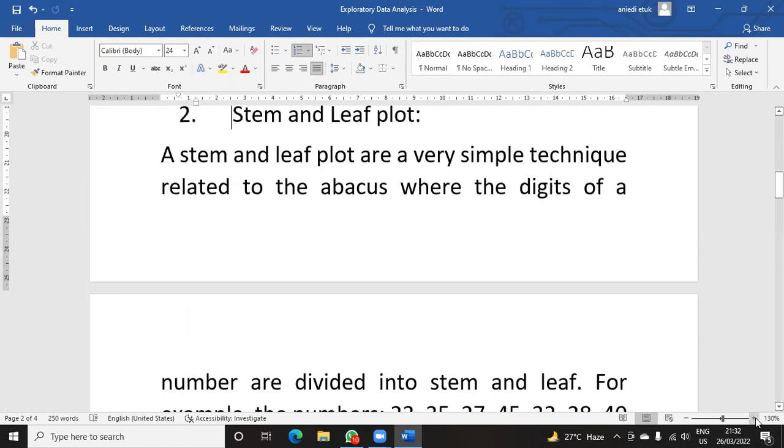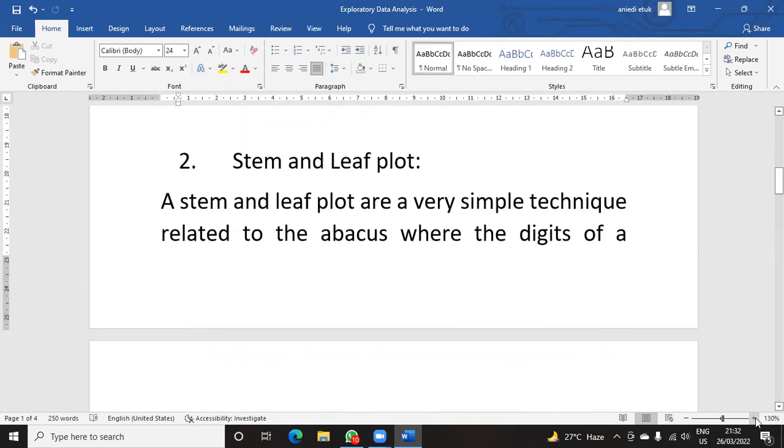All right, we have the stem and leaf plot. I think this is one of the reasons I decided to draft this note, because it was difficult to explain.